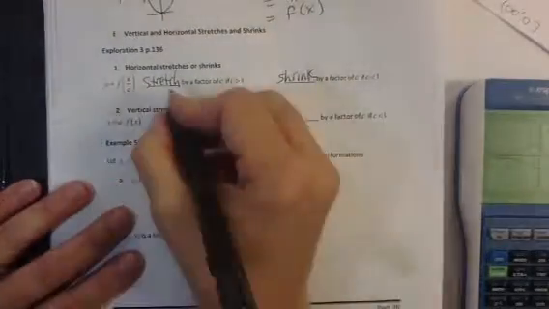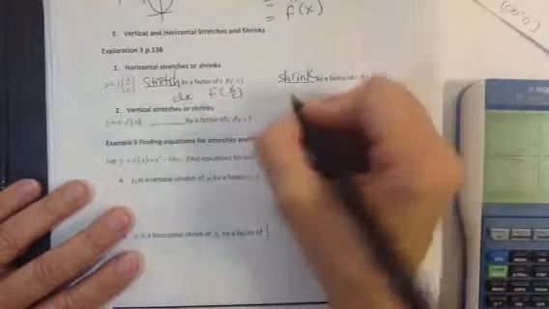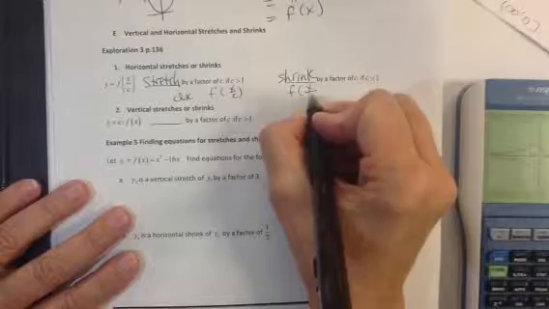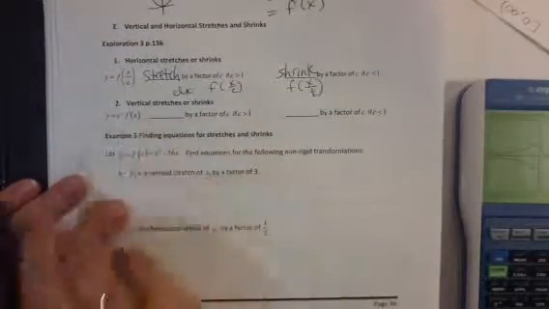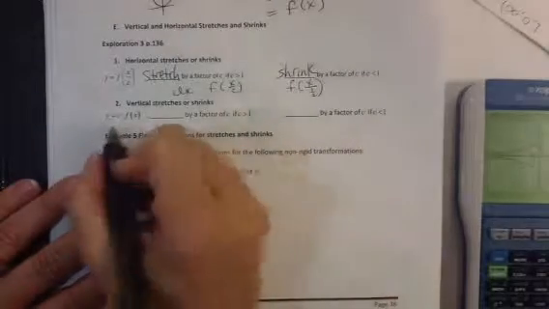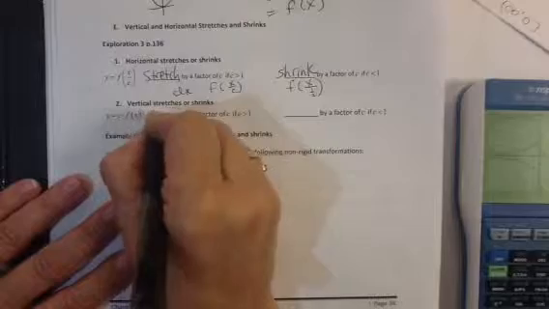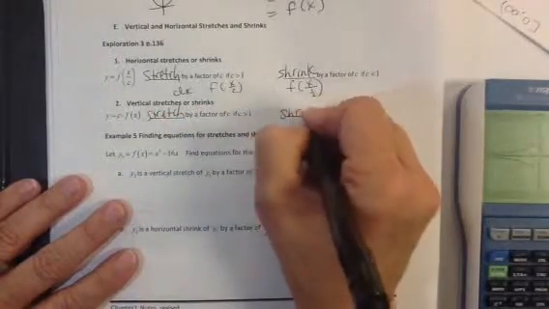So for an example, if I had f of x over 2, that's a stretch. If I have f of x over 1/2, that's a shrink. Now the verticals work just nicely. They work exactly as they said. If this is bigger than 1, this is a stretch. And if this is less than 1, it is a shrink.